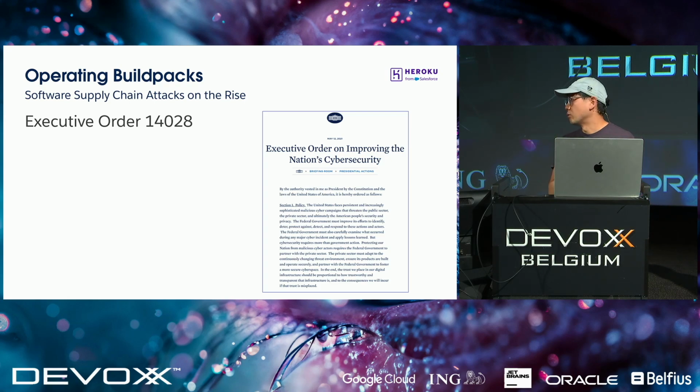Across the pond, the White House passed Executive Order 14028 to basically improve cybersecurity across the nation, instituting policies and practices that you're required to do to work with the government and do those contracts, both government agencies as well as government contractors, right?